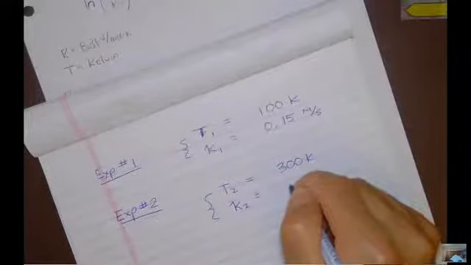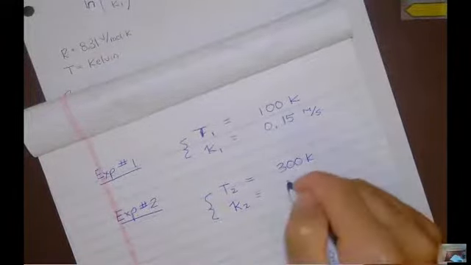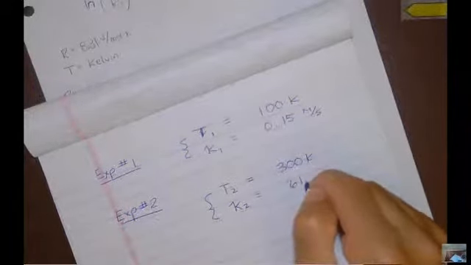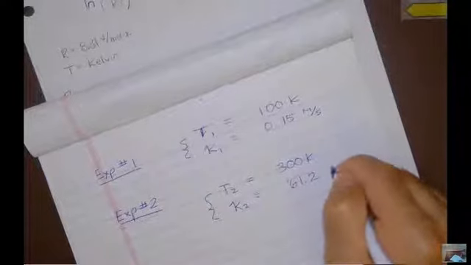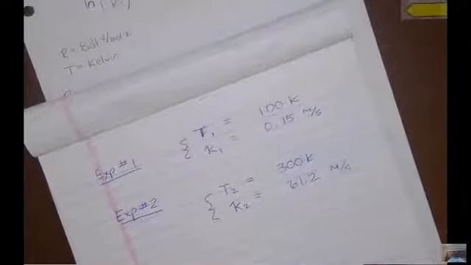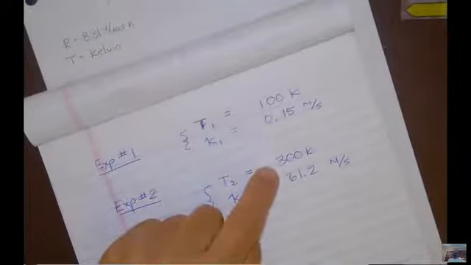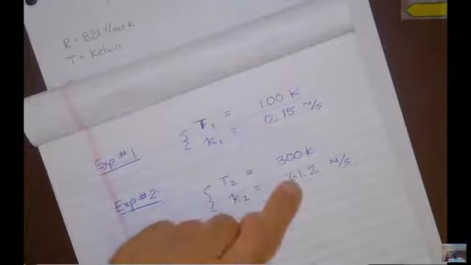Its new rate constant is going to be 61.2, so it changed dramatically, molarity per second. So it went up 200 degrees Kelvin, and the rate constant increases.